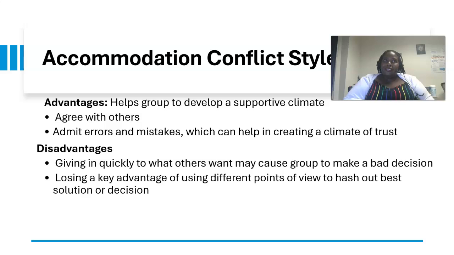And then, although conflict can be uncomfortable, one of the main things that happens during a conflict or during just a sharing of ideas is that we can bring good ideas to the forefront. But if everybody gives in all the time, that doesn't have an opportunity to happen.